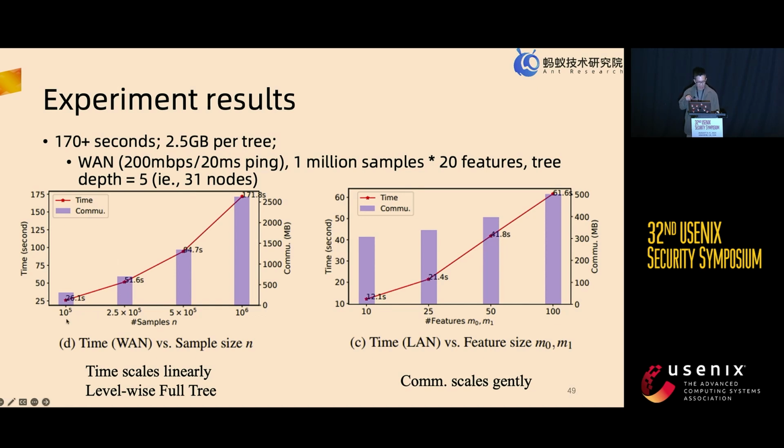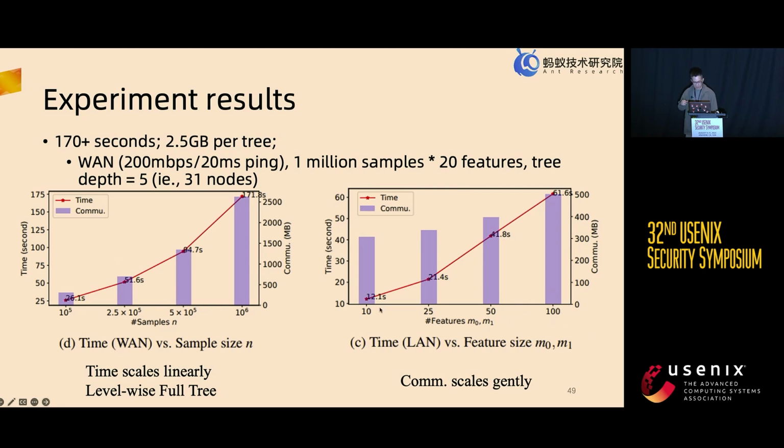The computation time scales linearly with the sample size and the feature size, because we have to do a full scan for each of the tree nodes since we keep the sample distribution secret. But the communication scales more gently with the number of features.